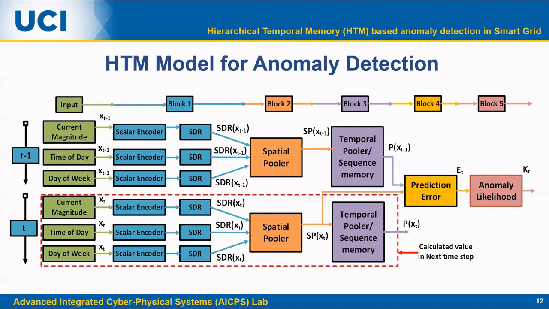When the actual data comes at t, the predicted data and the actual data are compared with each other, and the algorithm finds the prediction error. If this prediction error is greater than a threshold, then the event at time t is denoted as an anomaly.